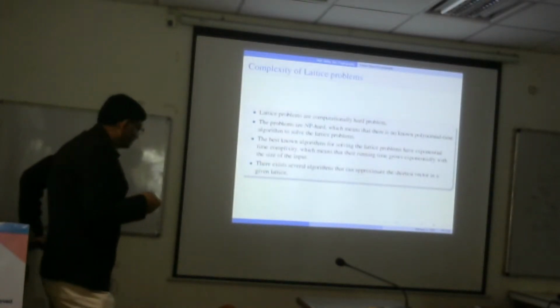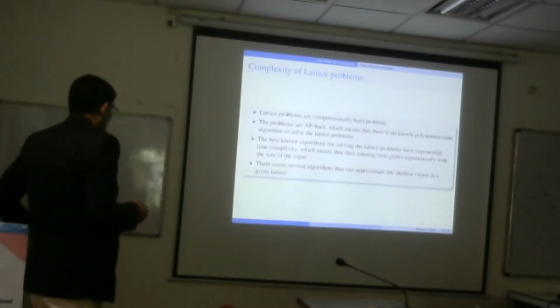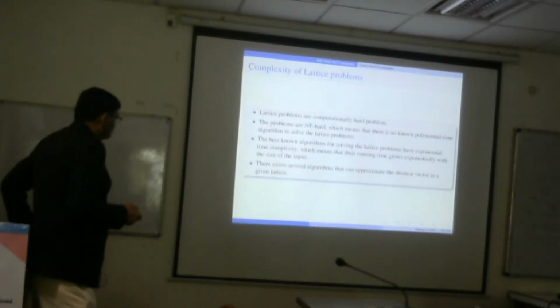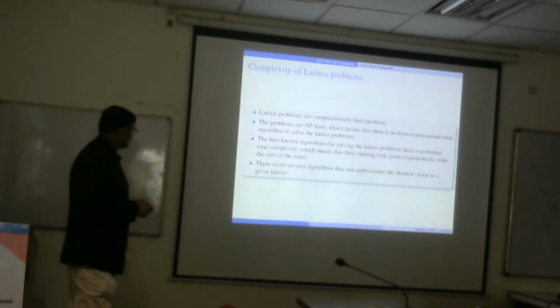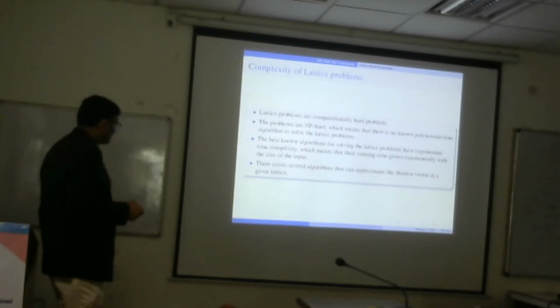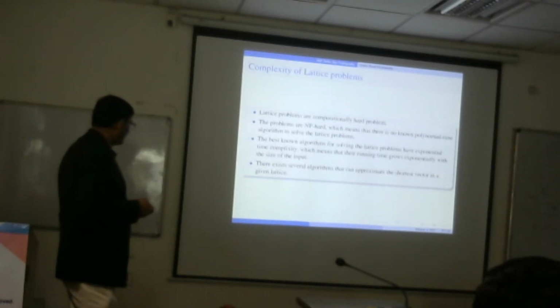Okay, so this lattice-based problem is a computationally hard problem, and this problem is NP-hard, which means that there is no polynomial time algorithm to solve this lattice problem. We have many algorithms to solve the lattice problem, but all are exponential.